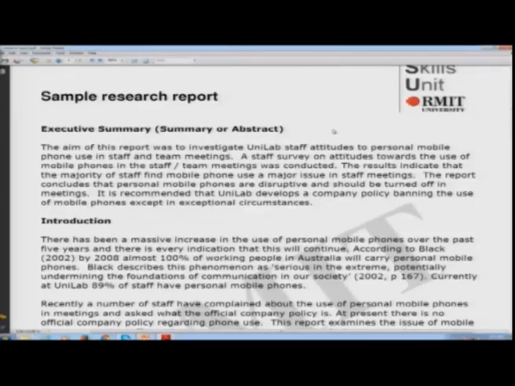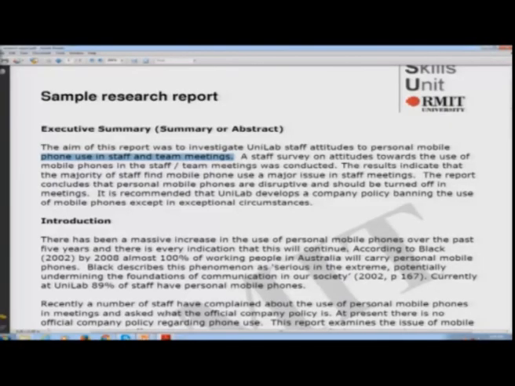So, this is about a particular company, Unilab, and the staff of its company, the attitudes of the people there towards mobile phone use in staff and team meetings. The researchers wanted to observe whether people use mobile phones in meetings and how others feel about it.